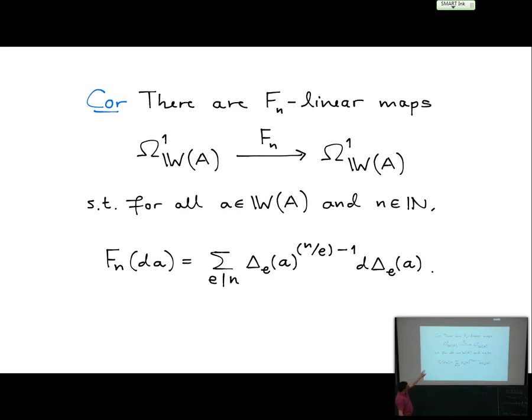So for every positive integer n, there's an Fn linear map Fn like this. And it satisfies this formula because that's what a lambda derivation had to satisfy. You could say I could just take this as the definition, and you would be right, but try to prove that this is an additive map, for example. The ingredients on this side are not additive, but somehow the sum turns out to be.